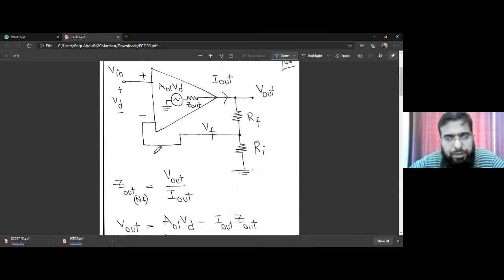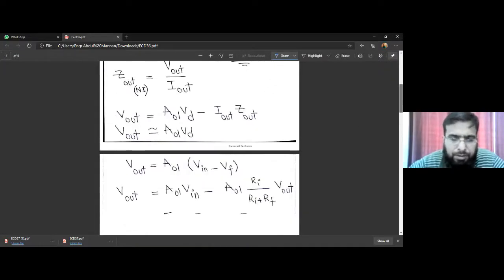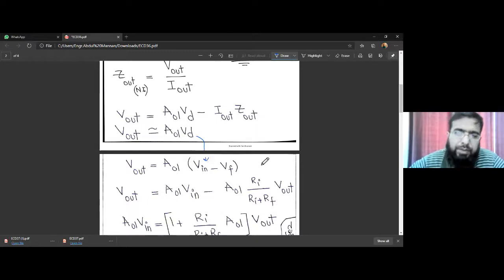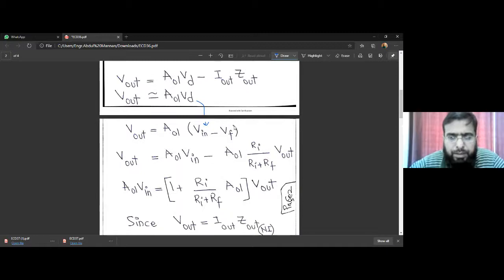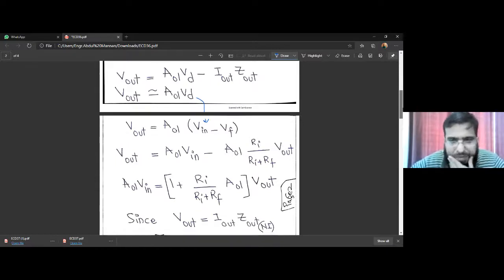We have studied this a number of times earlier in this course. V_out is A_OL times V_D, where V_D can be written as V_in minus V_F. So we can replace V_F with R_I over R_I plus R_F times V_out, according to the voltage divider rule we studied in the last lecture and in many previous lectures.